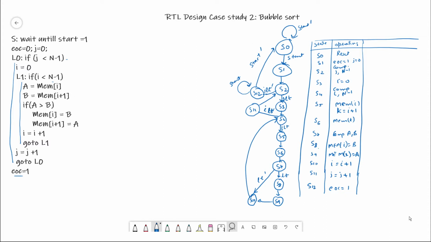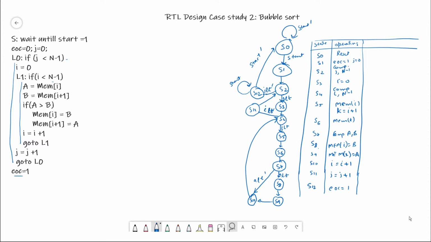And if it is ILT, then it is going to S5 state, sequentially S6, then S7. S7 is again comparing A with B, so let me call it ALT. This is ALT dash. Okay, so from there sequentially it is going to S8, then S9, and then S10. From S10 it is going sequentially to S4.